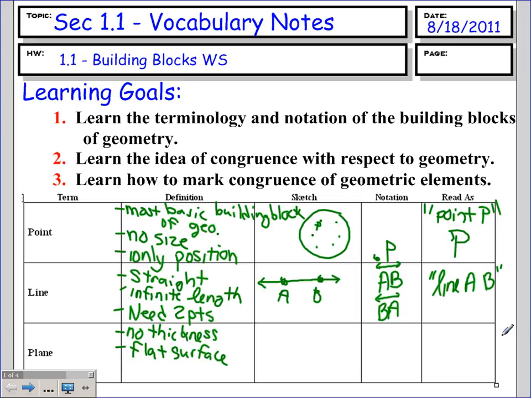It's always represented as a 4-sided figure. It's kind of strange, and they usually show it slanted in the air. So you have to picture this being 3-dimensional.